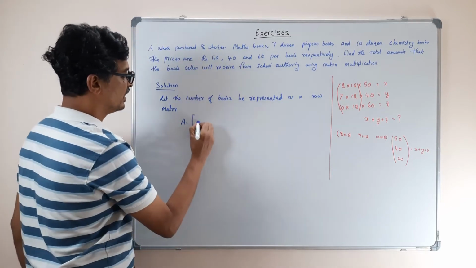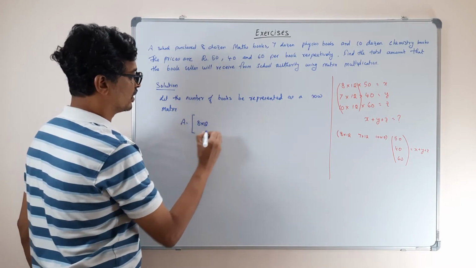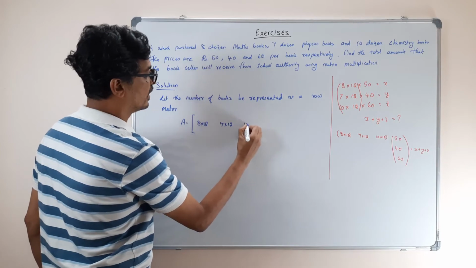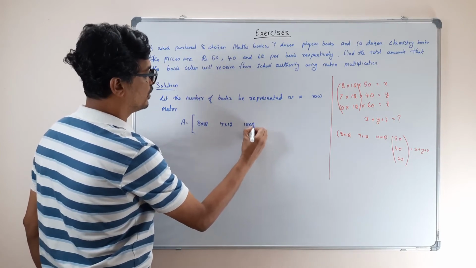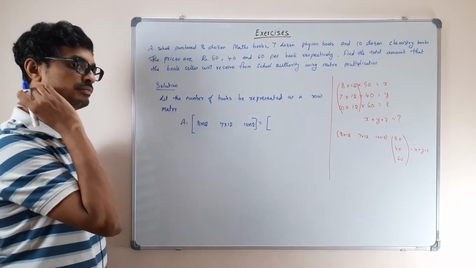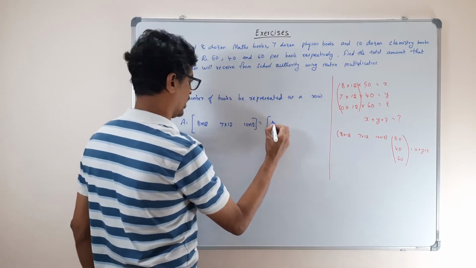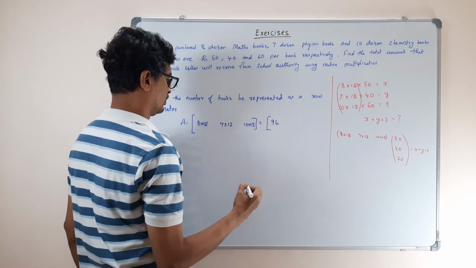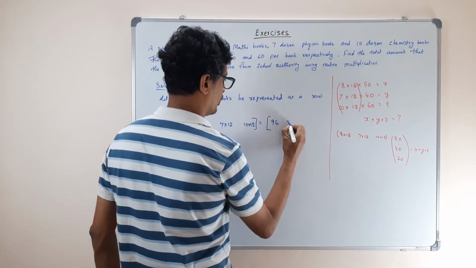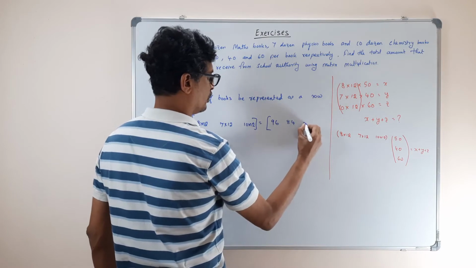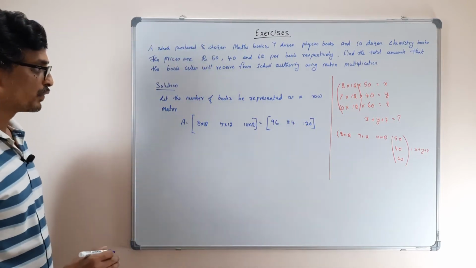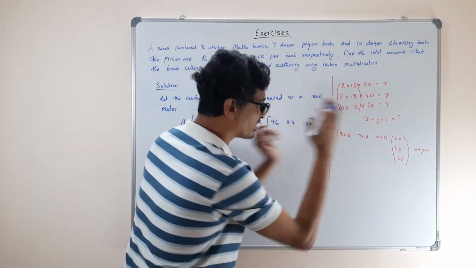Book is 8 into 12, sorry, 7 into 12 and then 10 into 12. What is this value? You tell me. 96, 84, 120. Okay. So now we got this matrix.